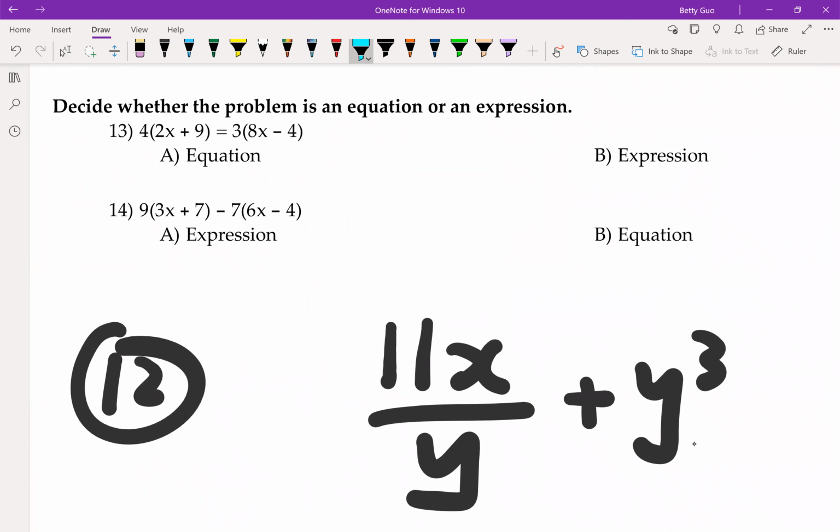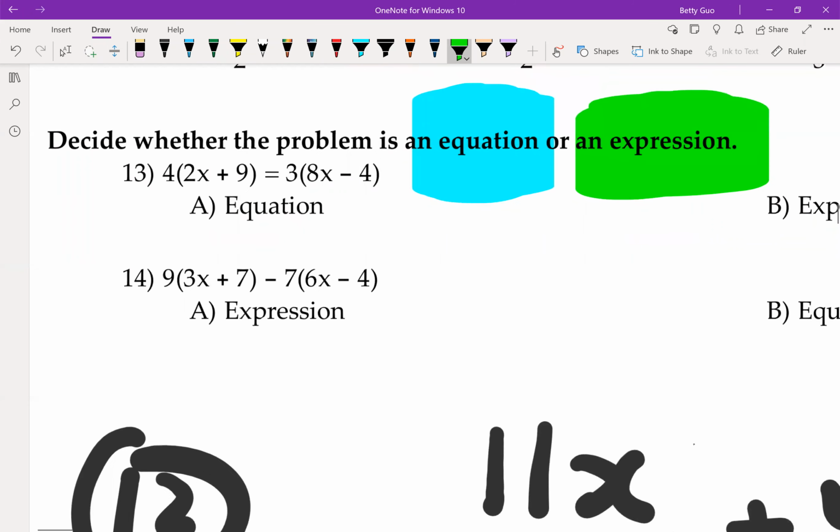So we have two concepts here: equation, expression. Very easy concept. If you see something with an equal sign in it, then that is an equation, of course. If you don't see the equal sign, then that's an expression. Super easy.